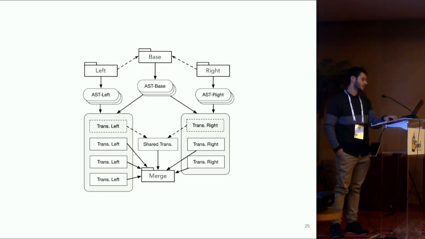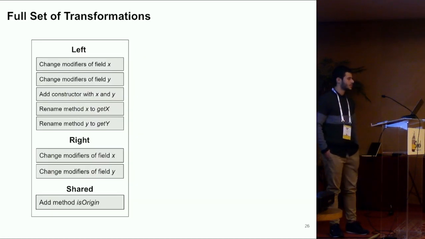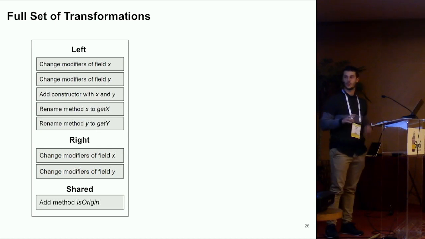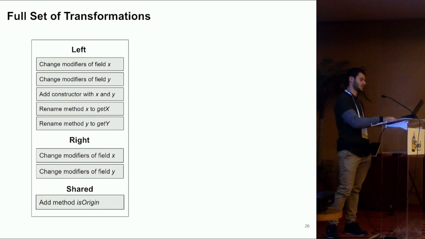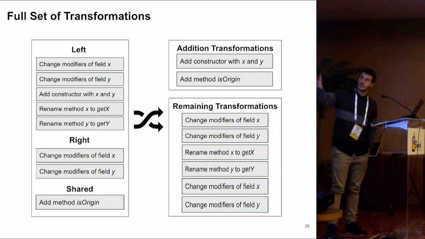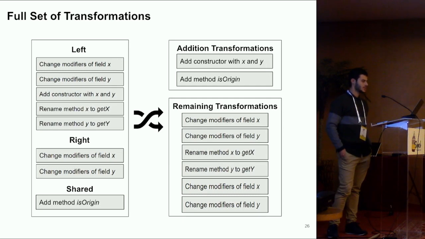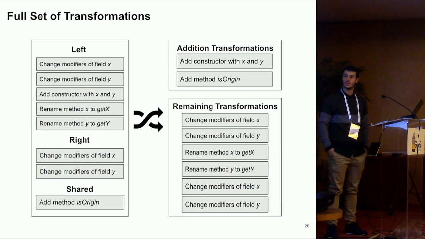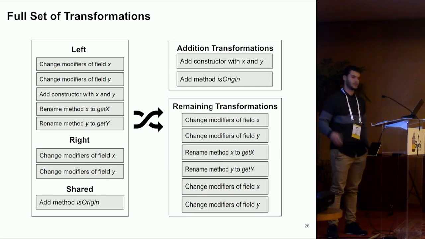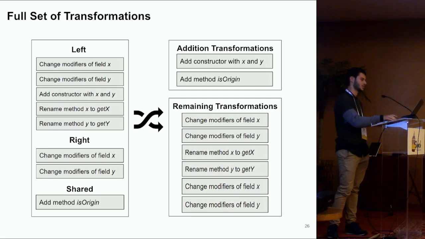Okay. Next, we have the merge process. Since there are no conflicts, we start by grouping the three sets of transformations and we rearrange them in a special way. We separate the addition transformations, which are transformations that add new nodes to the AST, and the remaining transformations, which are transformations that make modifications to the existing nodes.